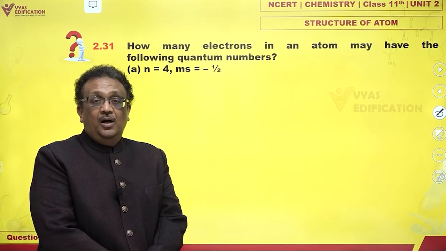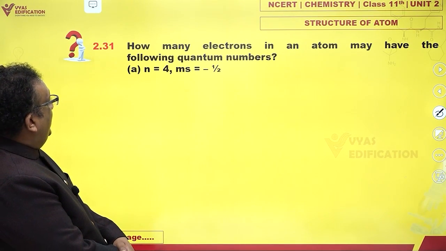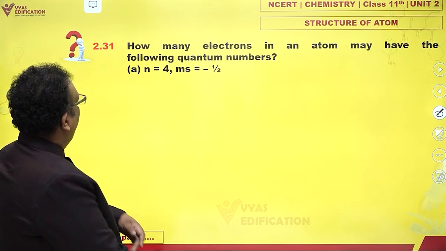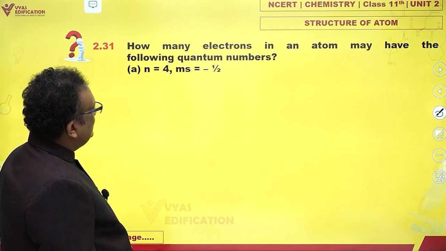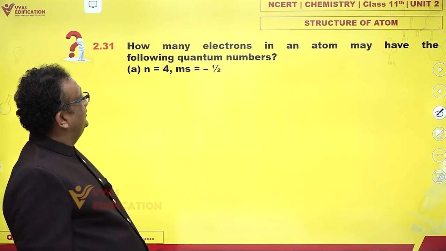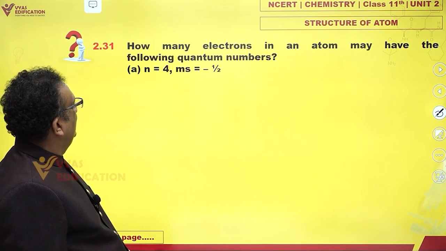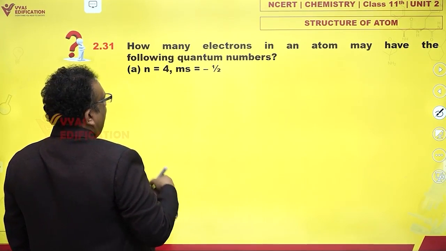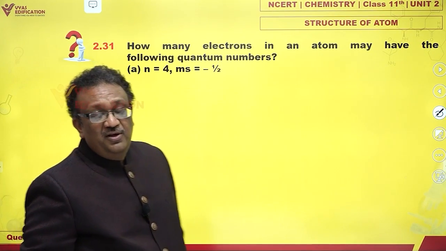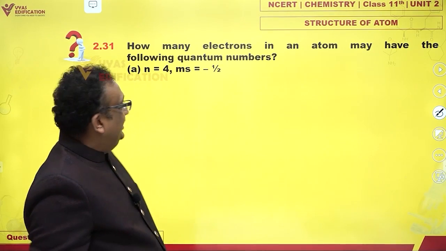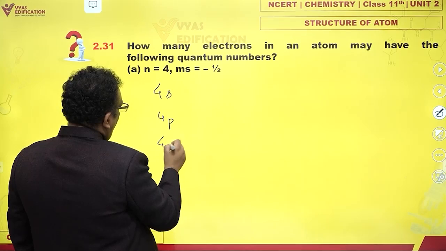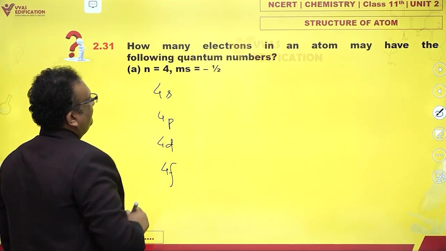So this is it. How many electrons in an atom may have the following quantum numbers? n is equal to 4, MS is minus half. Now n is equal to 4, fourth shell, and spin minus half. Now the moment you have fourth shell, I can have 4s, 4p, 4d and 4f.